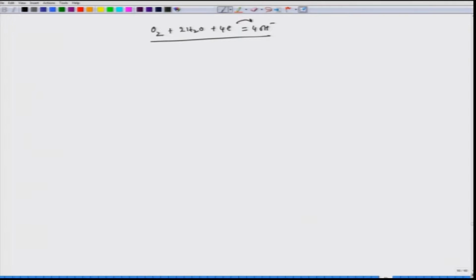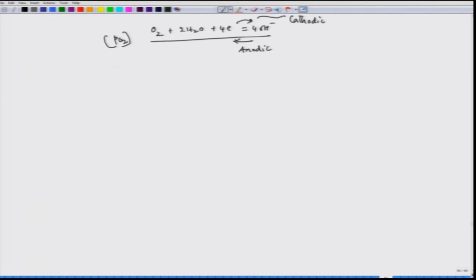If we consider the forward direction, then it is cathodic. If we consider the backward direction, this is anodic. And depending on the partial pressure of oxygen, we have a different concentration cell development.